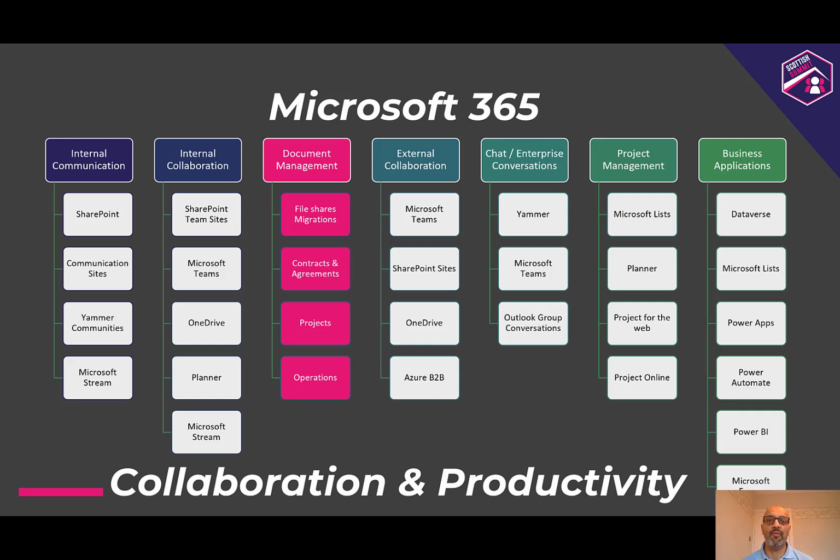That way you can have fully configured, tailor-made solutions for your various services, and add that up to your collaboration and productivity experiences through the various tech pieces we have within Microsoft 365.